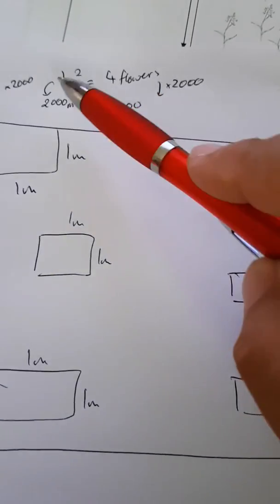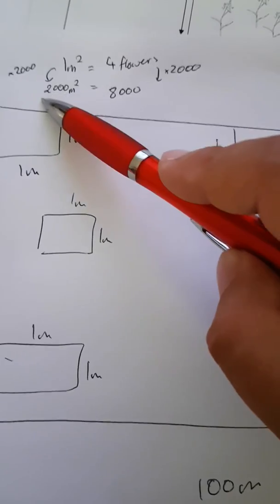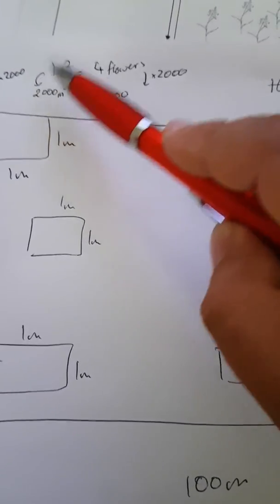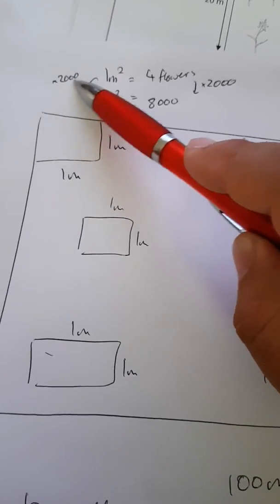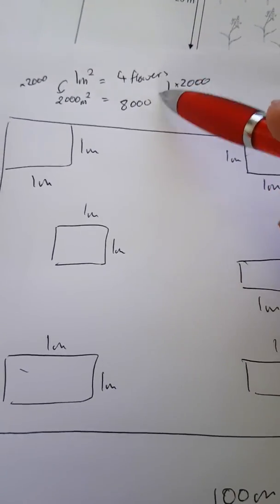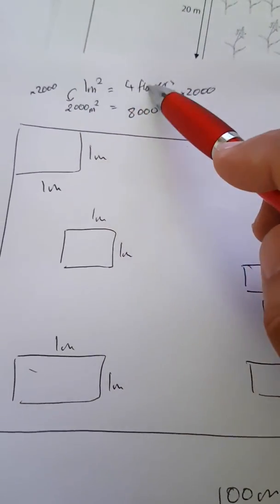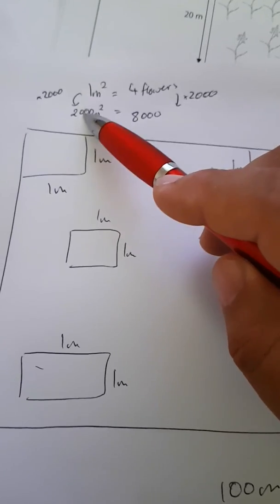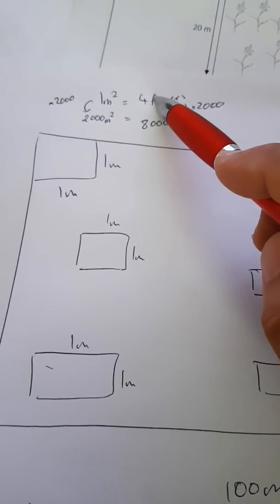Now, we don't have 1 meter squared. Our total area, which we worked out earlier, is 2,000 meters squared. So to get from 1 meter squared to 2,000 meters squared, we need to multiply that by 2,000. So we have to do the same to the number of flowers. If 1 meter squared has 4 flowers, 2,000 meters squared is going to have 2,000 times more than the 4 flowers.